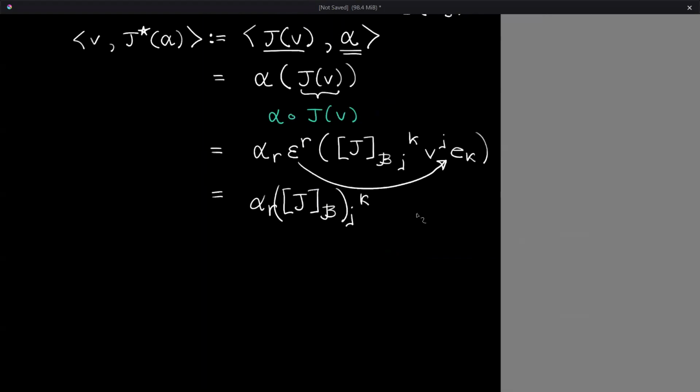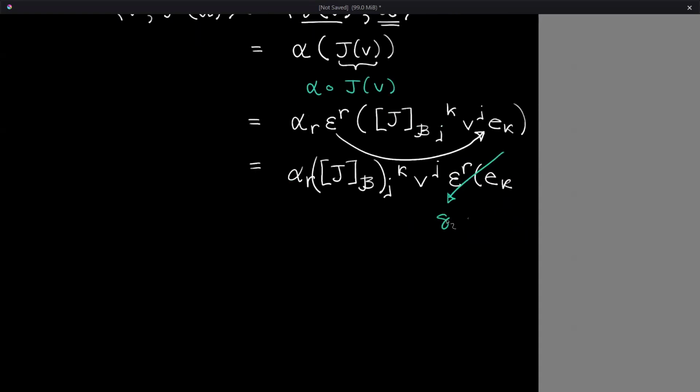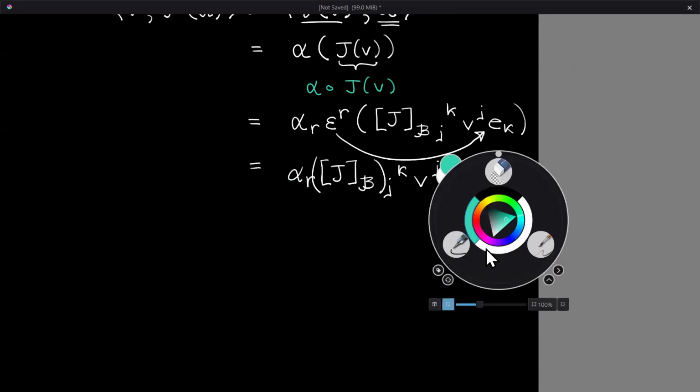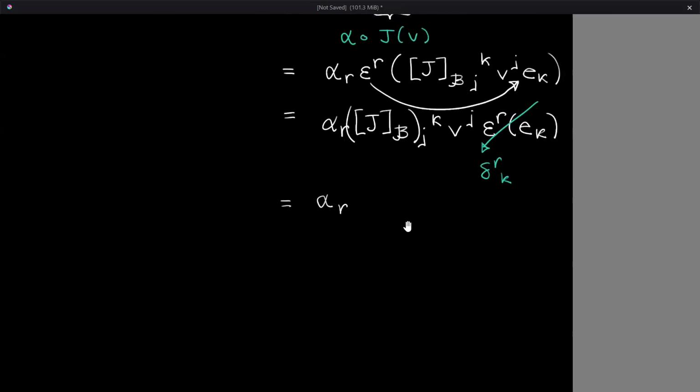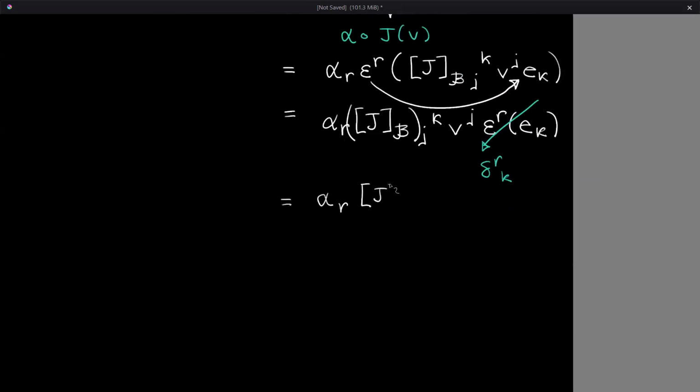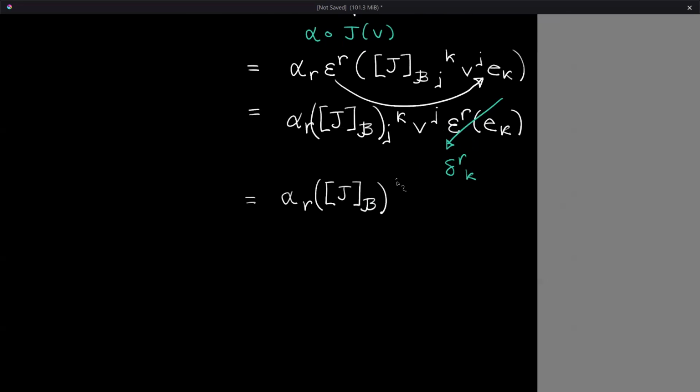Then we have the indices. Vj is also just a coefficient. And then you've got epsilon r ek, which if we simplify that, gives us delta rk.